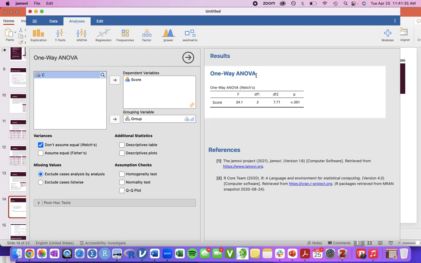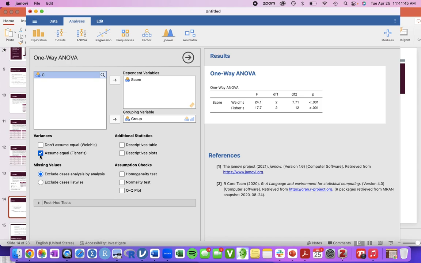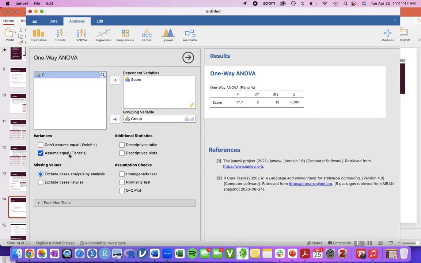Now you'll see my answers don't line up with what we got. That's because I have don't assume equal. We always want to click assume equal. So that means that we're assuming equal variance within our groups. And as you can see, we get the right answers. So don't forget to toggle this, otherwise you'll get the answers wrong.